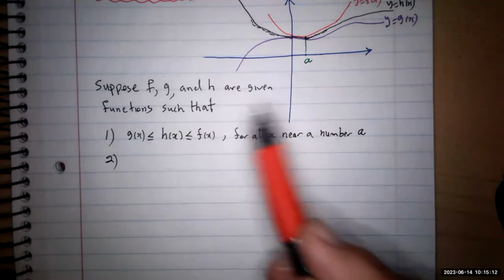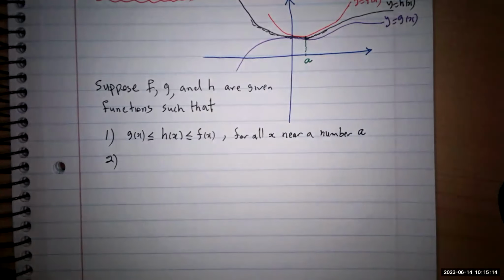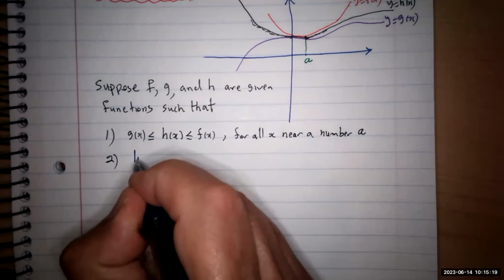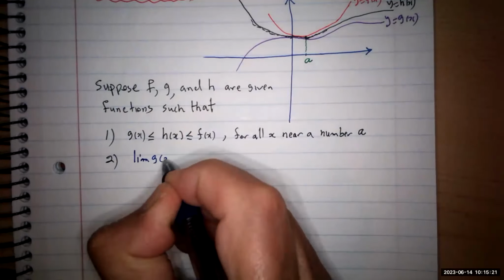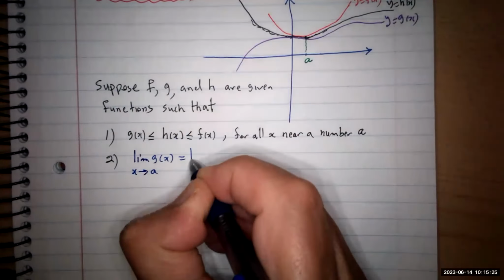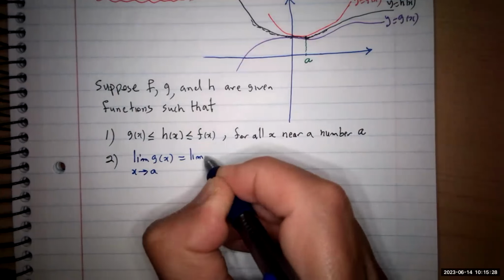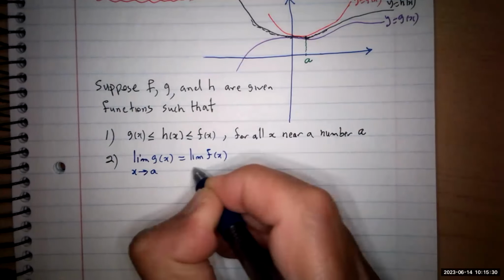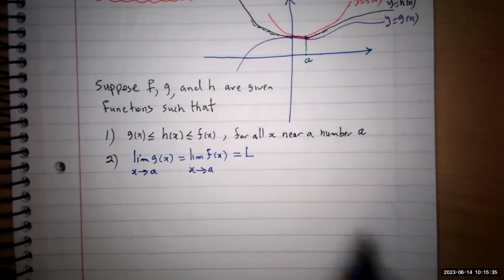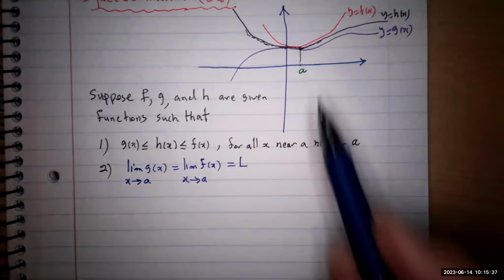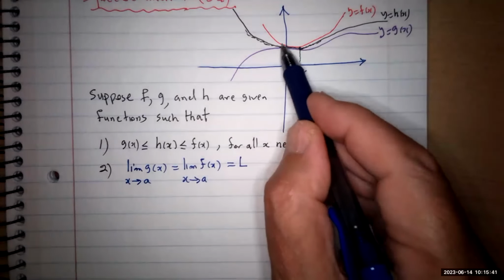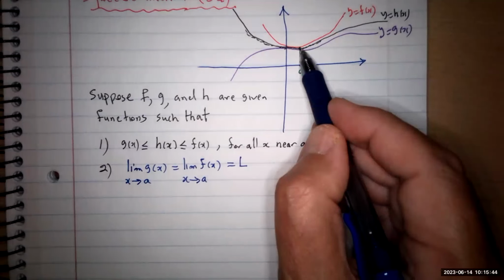So the second condition is that the limit of the g function when x goes to a is the same as the limit of the top function. Let's say it is equal to L. As you can see, this is going to be the case here, so they are very close to each other at the point a.